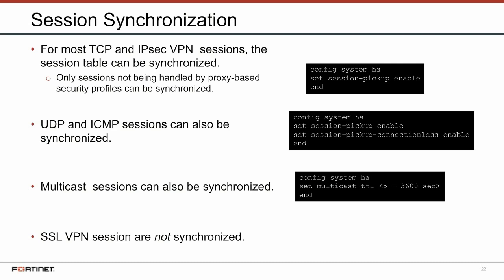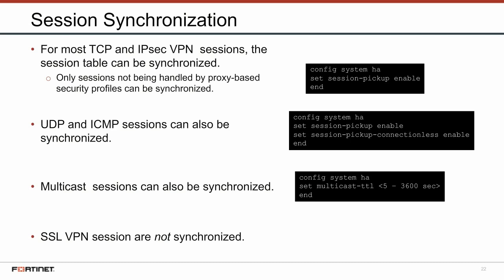Although both protocols are sessionless, entries are created in the FortiGate session table for each UDP and ICMP traffic flow. Usually, this synchronization is not required, because most of the network applications based on UDP or ICMP are able to keep the communication even when their session information is lost.